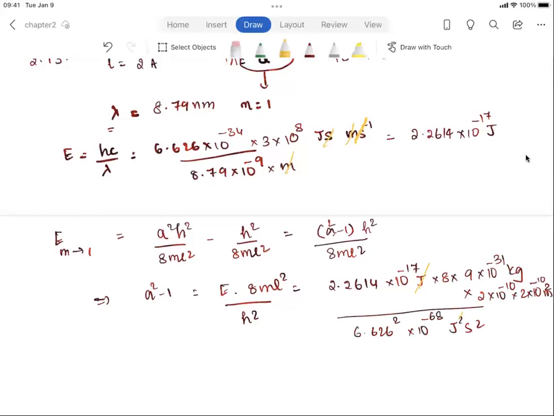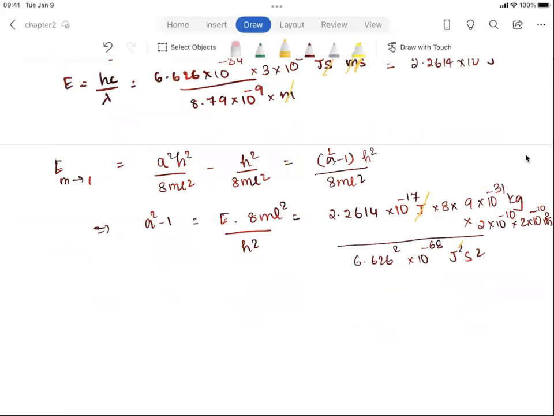So a joule can be cancelled out. And we showed previously that kg meter squared per second squared is the same as joule. So the second joule is also cancelled out. So this is basically unitless.